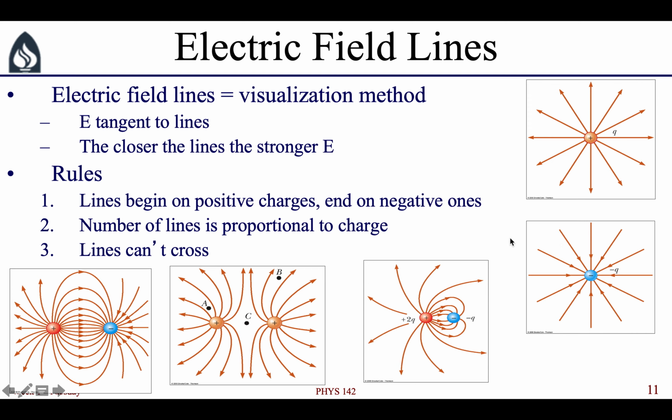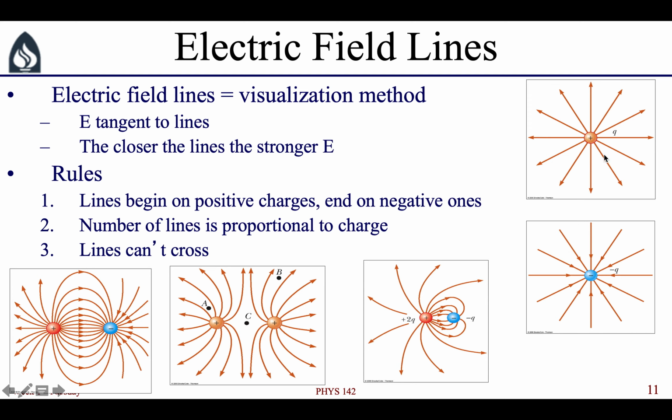To draw electric field line diagrams, we need to follow a set of rules. The rules state that lines begin on positive charges and end on negative ones. This guarantees the correct direction, because we know that if I place a positive test charge near a negative charge, it will be drawn inward towards the negative charge. That's the direction of the electric field, so that should be the direction of the electric field lines.